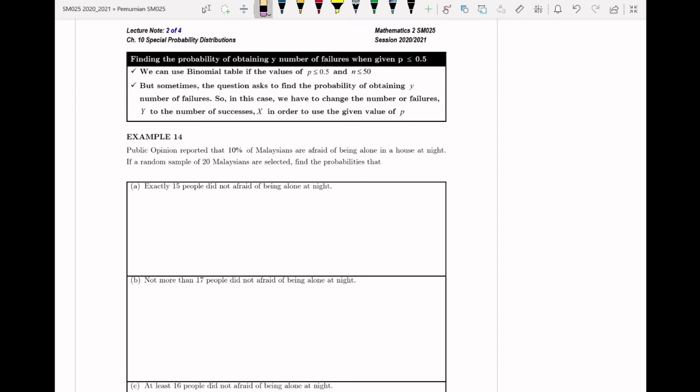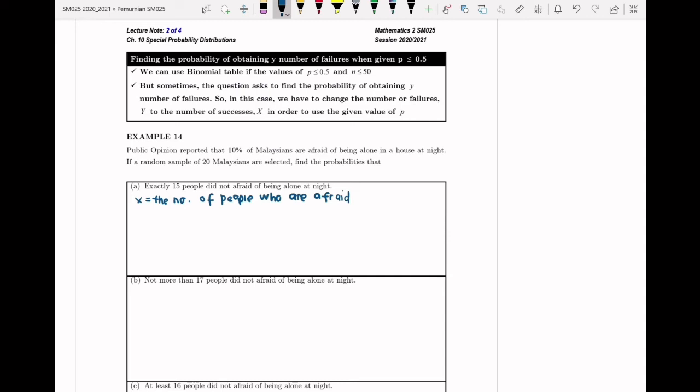So before we solve this question, first we need to let X be the number of people who are afraid of being alone at night.